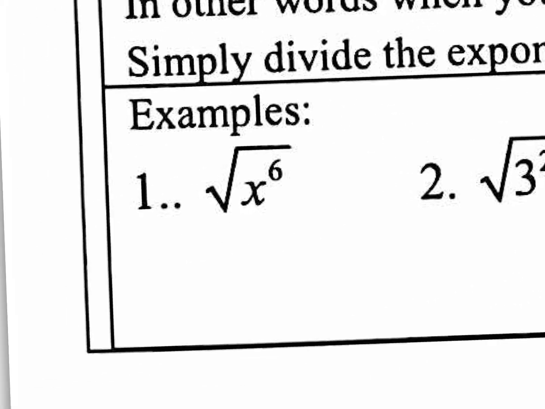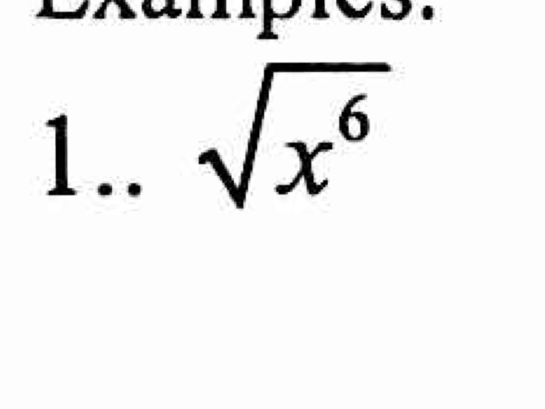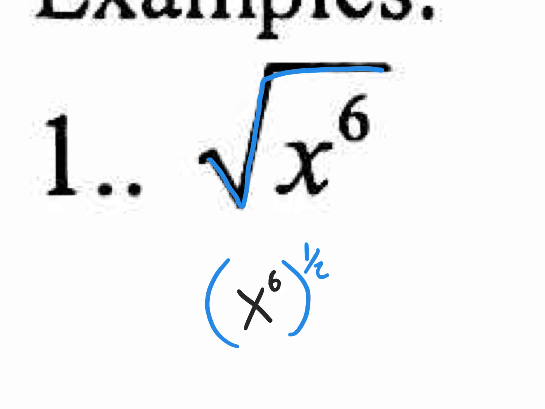We have example number 1, the square root of x to the 6th. We want an even exponent because the square root, we could rewrite that as the power of 1/2. And on the inside of that parenthesis, we'll have x to the 6th. And we should all know from Algebra 1 that a power to a power, you multiply those powers.